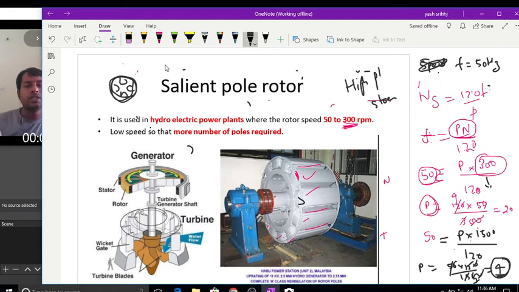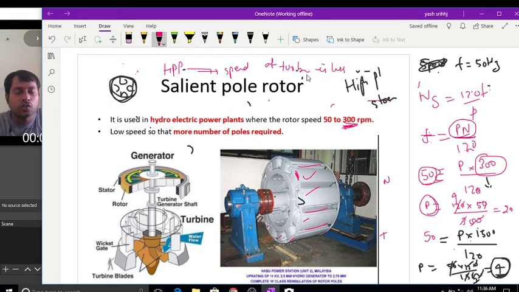So my conclusion is that the salient pole is used in hydel power plants, where the speed of the turbine is less, so if you use more poles we can produce 50 hertz. Even with less speed, if you increase the poles by increasing the diameter, we can generate electricity at 50 hertz.